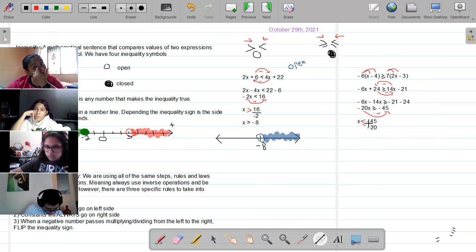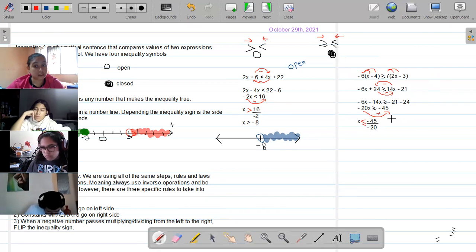Can we simplify that? Can we simplify 45 and 20? Both? Yes, by the number 5. We can simplify using the number 5 in both of them and multiplying the signs.